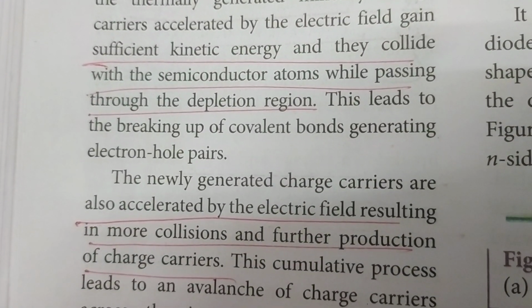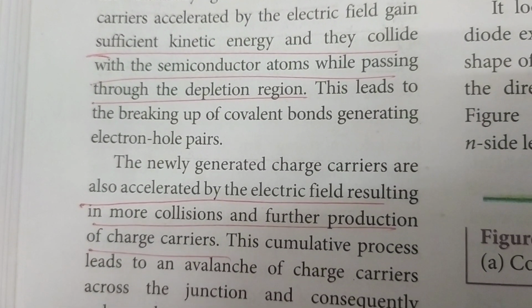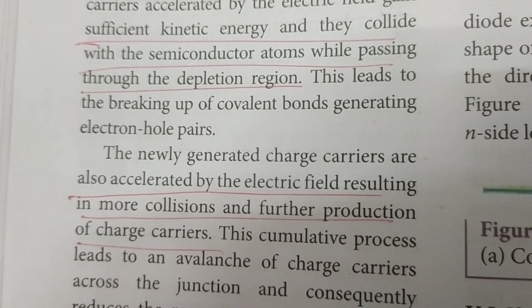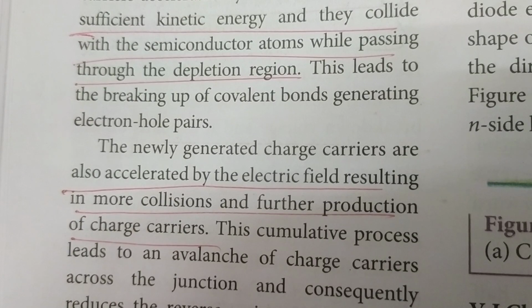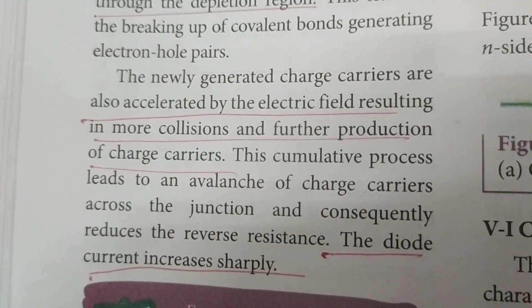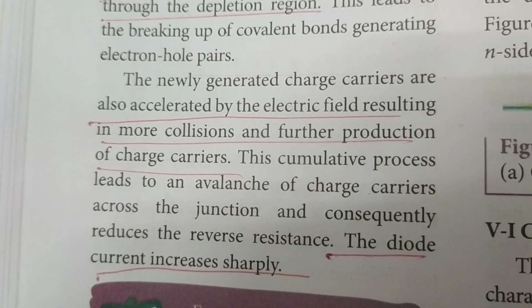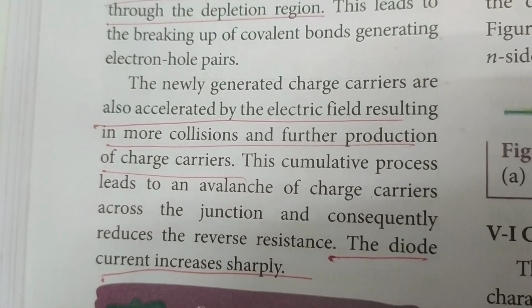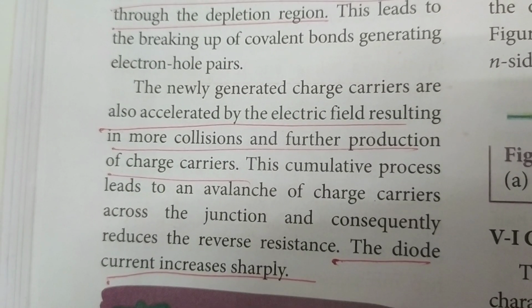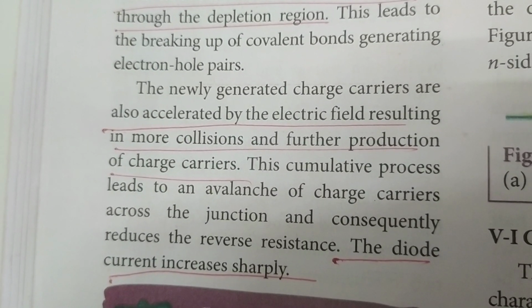This collision results in the breaking up of covalent bonds, generating electron hole pairs. These charge carriers are again accelerated by the electric field, resulting in more collisions. So the cumulative process takes place again and again, and there will be an avalanche of charge carriers. Avalanche means a huge number of charge carriers across the junction.